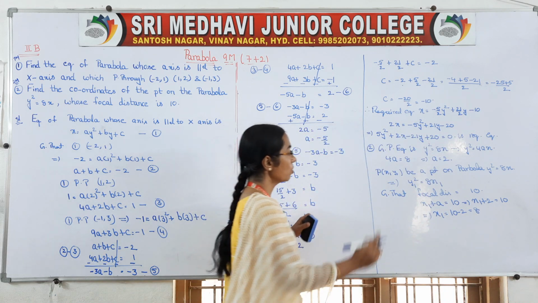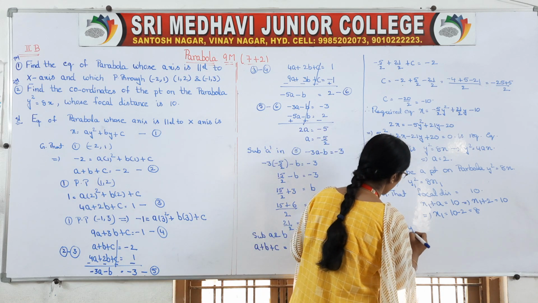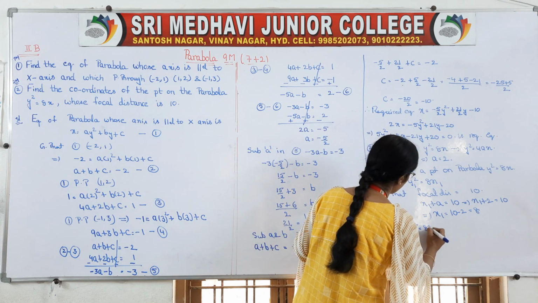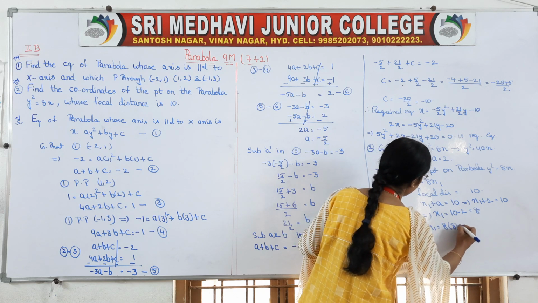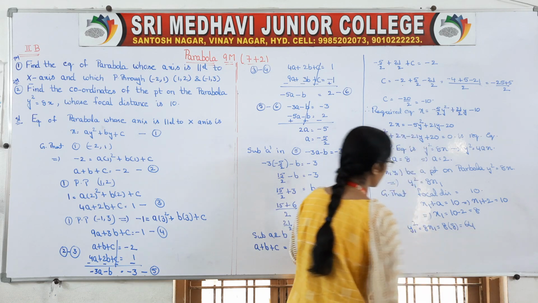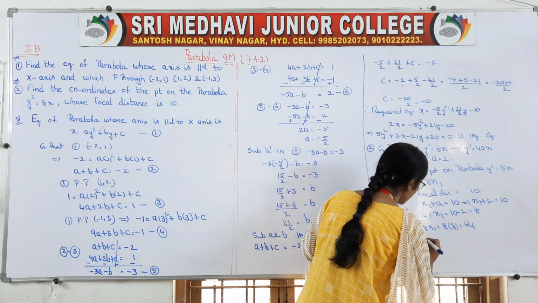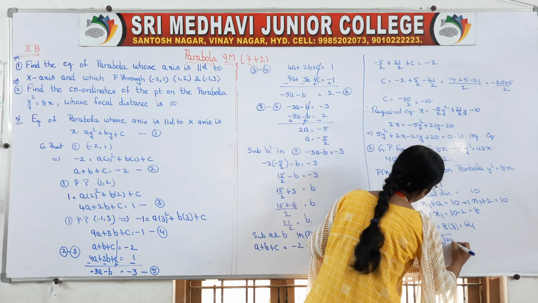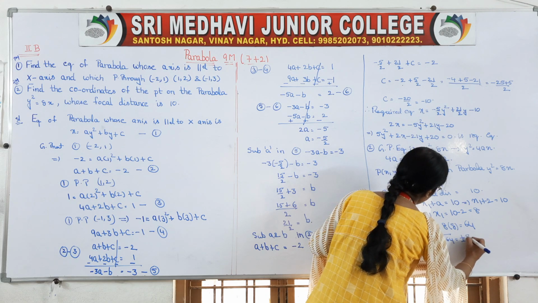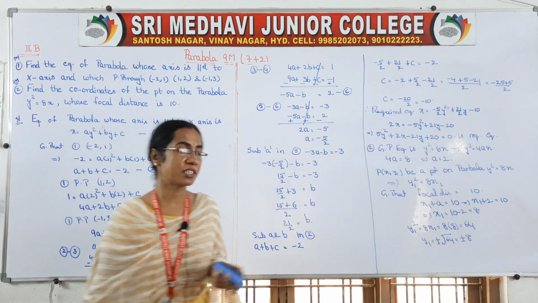Okay, so we know the y1 square formula. y1 square is equal to 8x1. So 8 into x1 is 8, 8 eights are 64. So what is your y1 then? y1 is equal to plus or minus root 64, that is plus or minus 8.